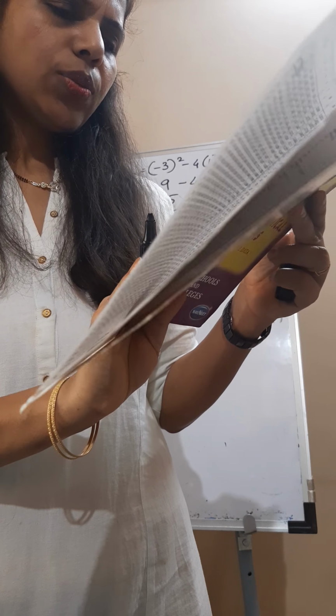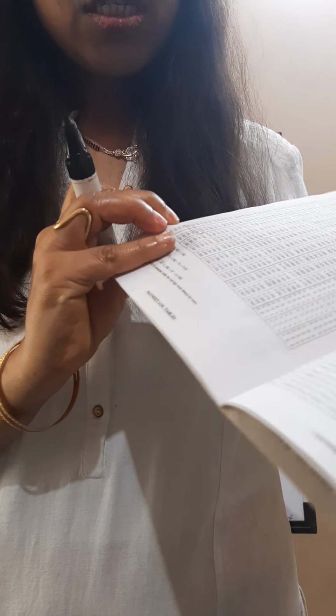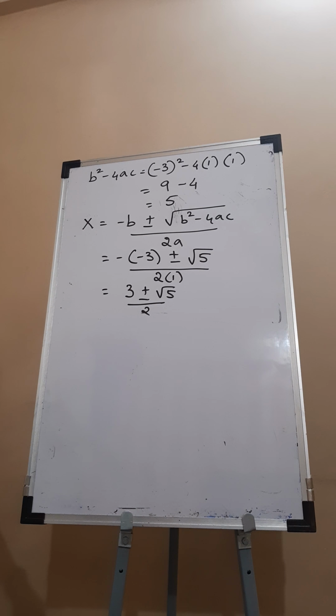There you will see that 5.0 is in the first column, and in the second column the value is given. That is the value for root 5. Now write down the value of root 5, that is 2.236.